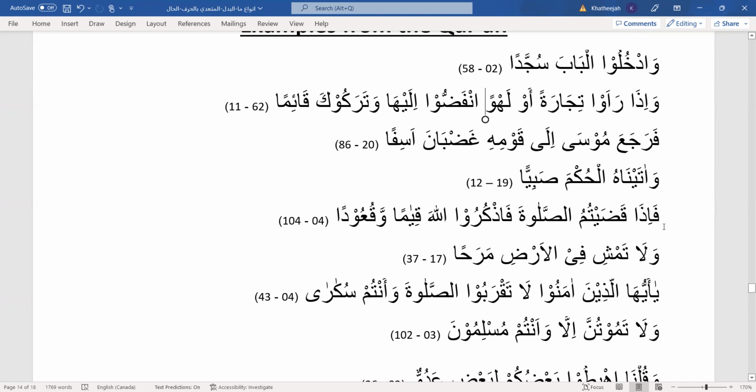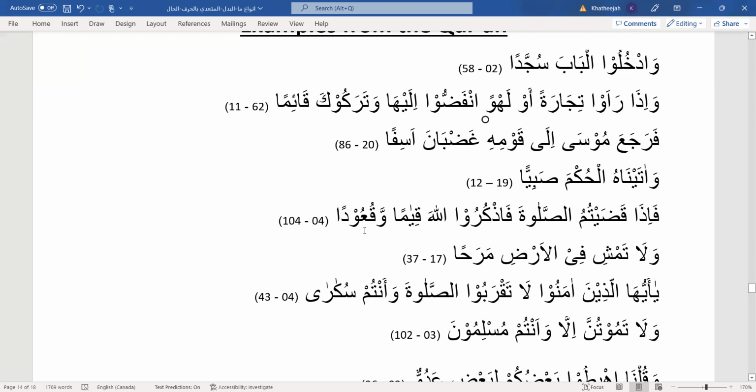In the next example, فَإِذَا قَضَيْتُمُ الصَّلَاةَ فَاذْكُرُوا اللَّهَ قِيَامًا وَقُعُودًا. So when you all complete the prayer, then you all remember or mention Allah standing and sitting. So qiyam is a masdar and qu'ud is also a masdar. Qama yaqumu, qa'ada yaq'udu.